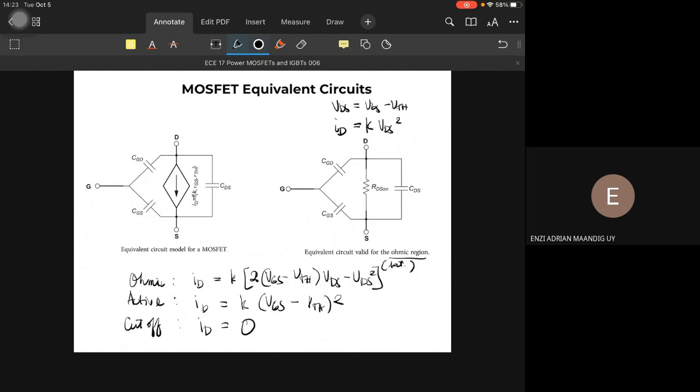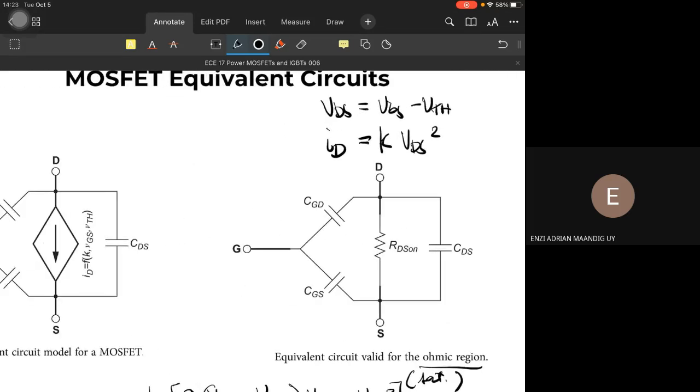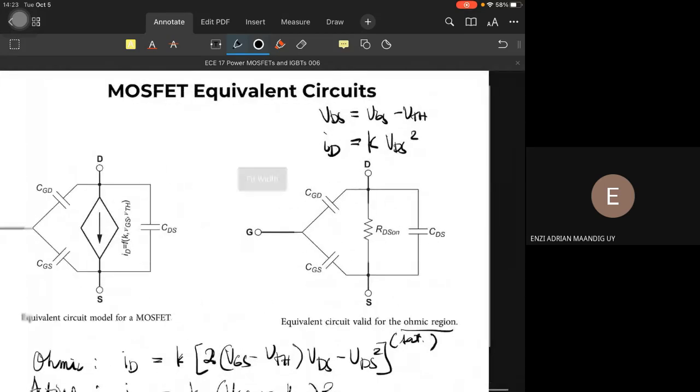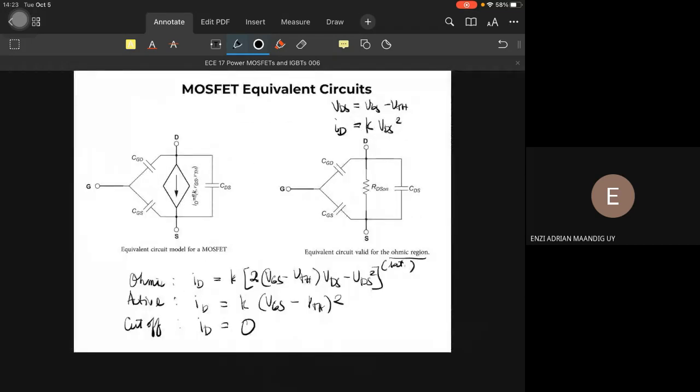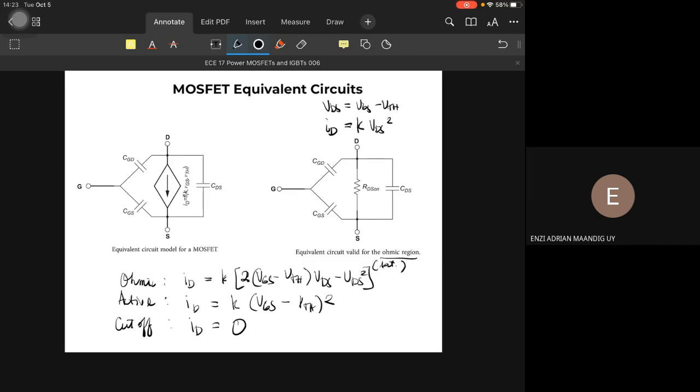K is a constant of proportionality, which could be found in the data sheets, dependent on the manufacturer or the part number of the MOSFET. But here, it should be VGS. Okay? VDS always. So ID is a function of VDS, so it is dependent on the value of VDS.